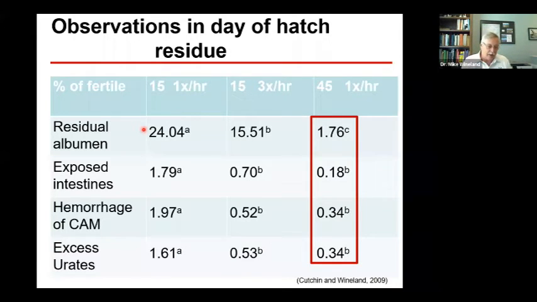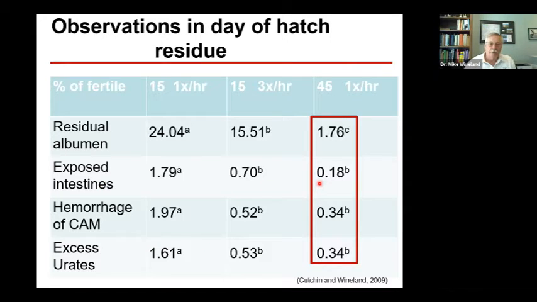And this all goes back to some problem with the connection between the albumin sac in the bottom and the amnion, with that seroamnionic connection to be able to transport the albumin that was in the bottom of the egg up to the amnion where the embryo could swallow it.